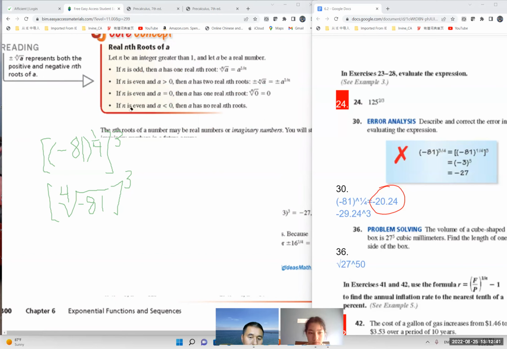Yeah, if n is even and a less than 0, then what happens? There is no real nth root. Yeah, that's it. Or we call it undefined, right? Okay. Yeah. That means that you cannot find a number whose fourth power equals to negative 81, right?